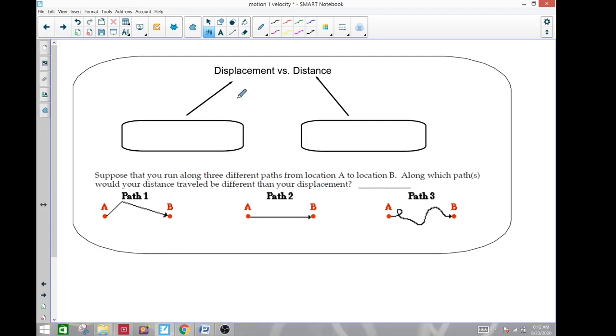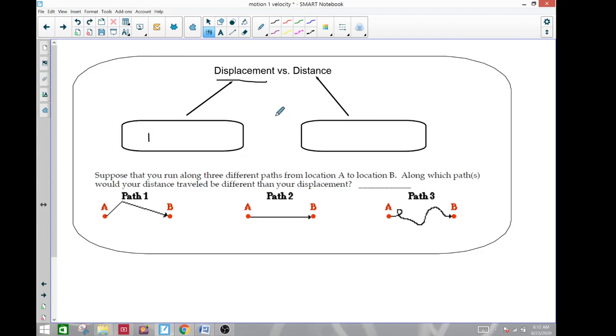All right, distance, displacement. We've already talked about this. It's pretty easy to understand displacement. This is the net distance. Let me erase that.